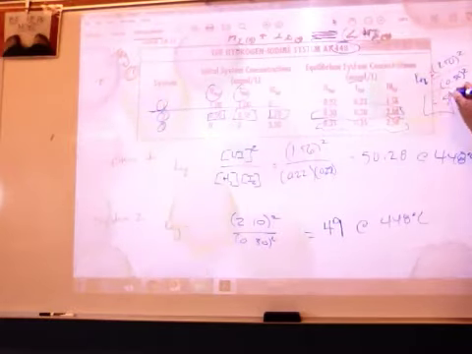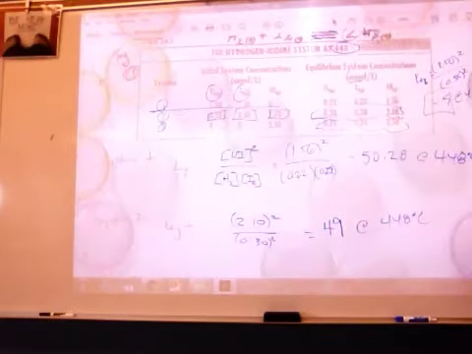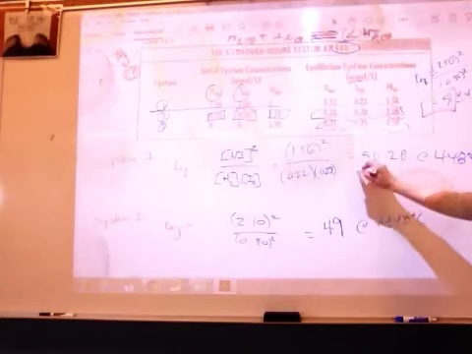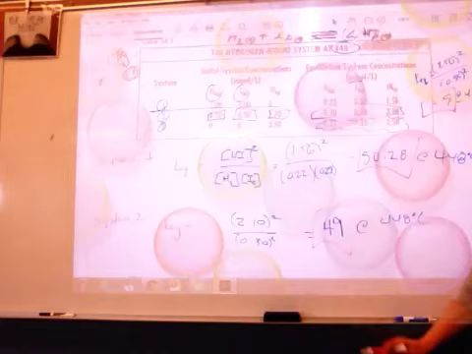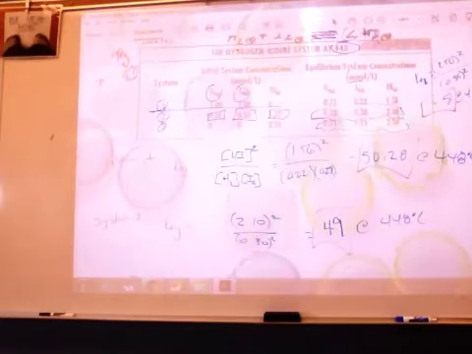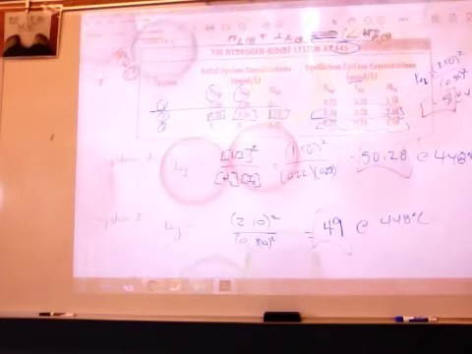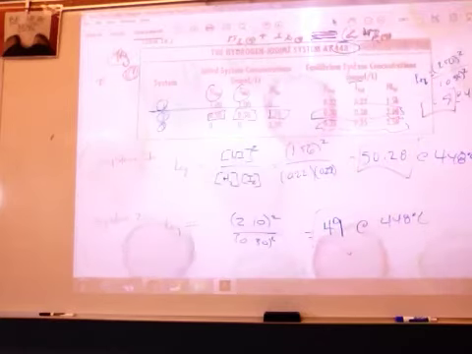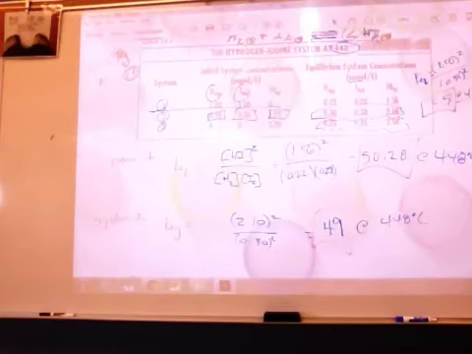Can you see that these values, the 51, the 50, and the 49, considering this is an experiment, these aren't theoretical, these are practical results, are pretty close. Why? Because K is a constant.